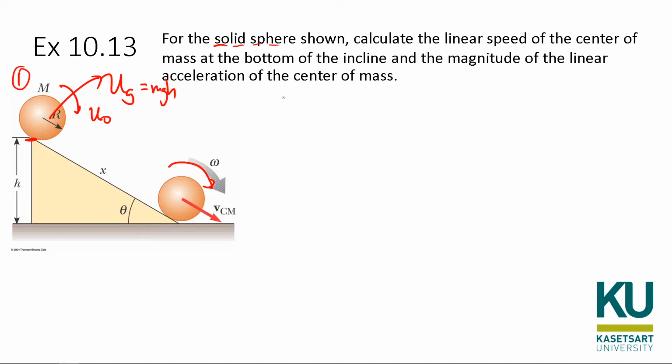So in this case, if you use conservation of energy, the first event equals the final event. What happened initially? If you count this point as the height, from this position it has mgh.